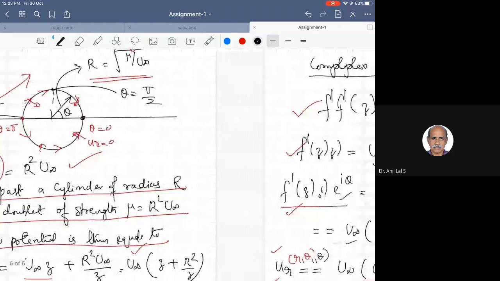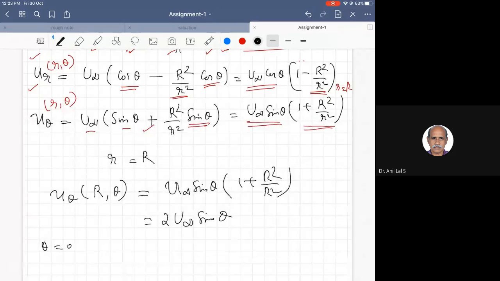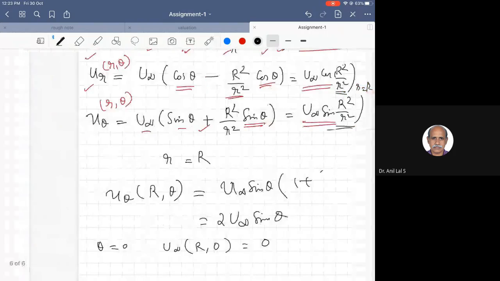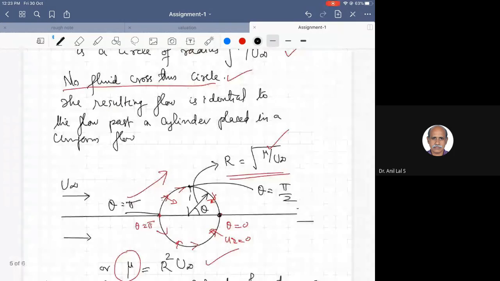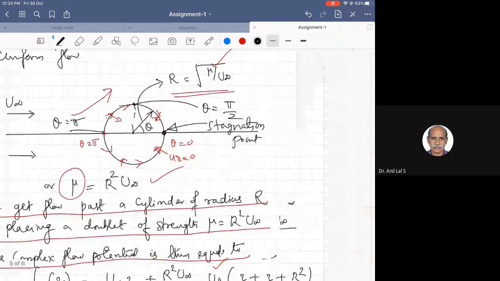So like that, if you look at those points, when theta is equal to 0, you have u theta is equal to 0. So at this point, fluid velocity is equal to 0. So this point is called a stagnation point. Now theta is equal to pi by 2.